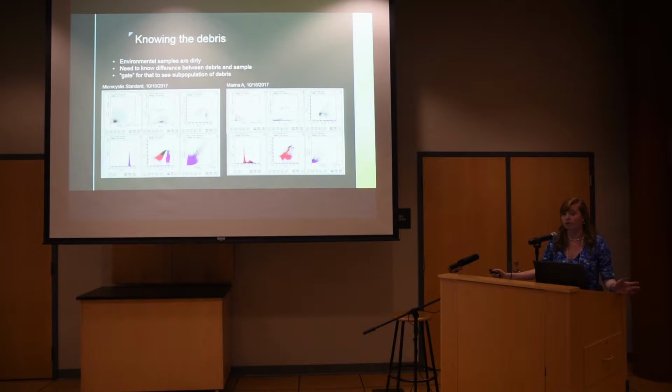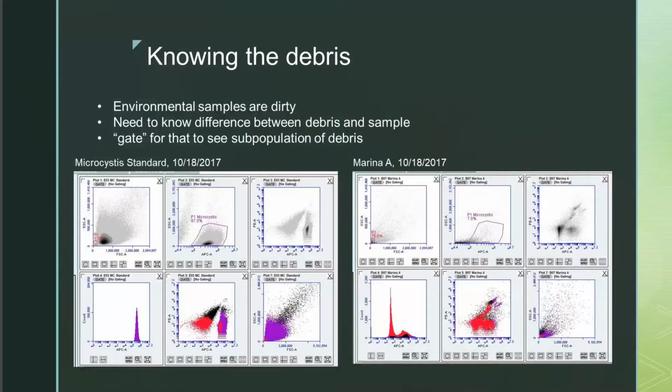The other part of this is knowing your debris. Environmental samples are dirty, and barring a way to filter samples but keep my Microcystis cells in them, I had to figure out a way to get the debris out of my samples before I can filter the samples. Believe it or not, it's very difficult to filter everything but Microcystis out of a water sample, because Microcystis is relatively large.